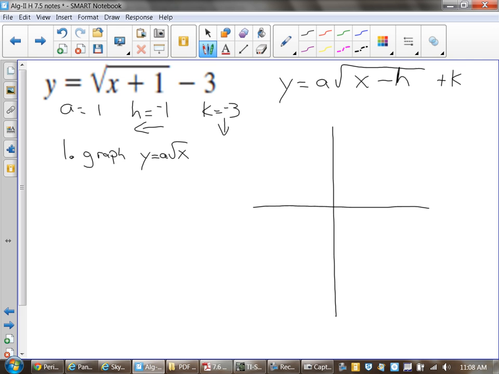What's 0 times 1? 0. So here I'm graphing the parent function of y equals the square root of x, because my a value is 1. What's the square root of 1? 1. And then I have to use 4. After I've plotted those 3 points for my parent function, I dot them to connect them, like that.